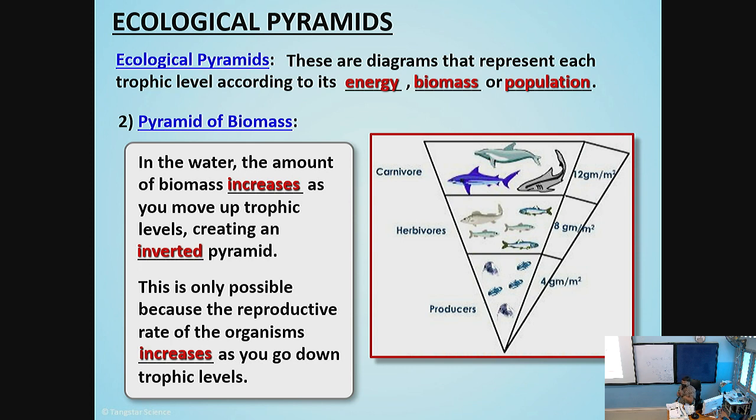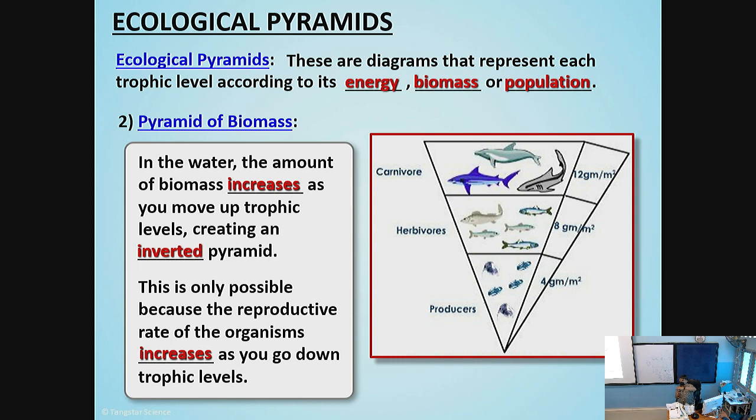Again, in the pyramid of energy, first trophic level, second, third, fourth, and fifth. For example, if we have 1,000 kcal from the first trophic level, how many for the second?